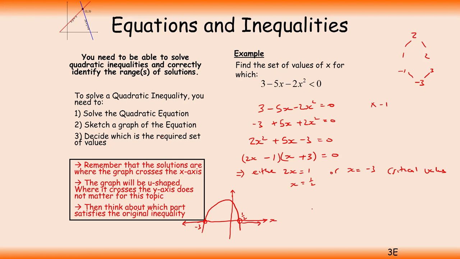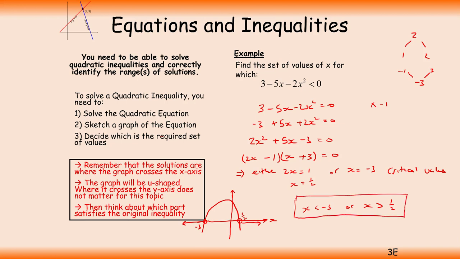So we can say that our solution then is x is going to be less than minus 3, or x is greater than a half. And that's our solution for this quadratic.